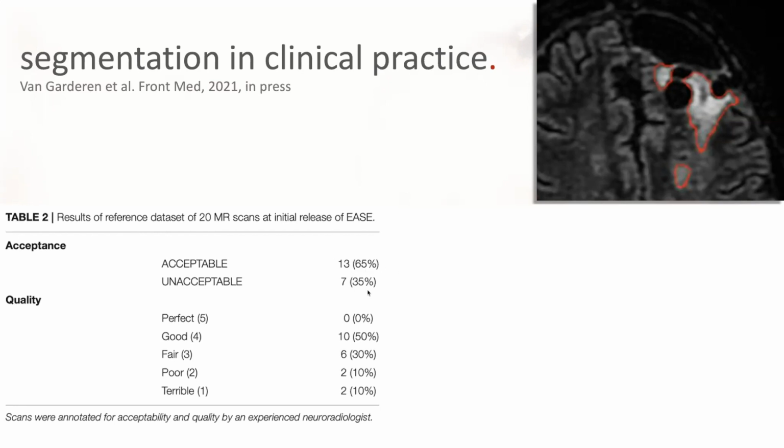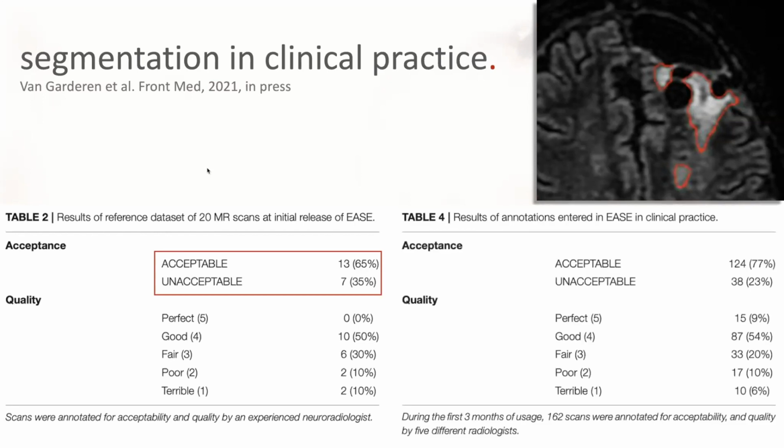So about 2/3 were acceptable. But it does mean that we now have a pipeline in place where we will ask the radiologist, do you think the segmentation is acceptable? If yes, then it continues to be used. If not, then we can't use it, but then at least we've tried.